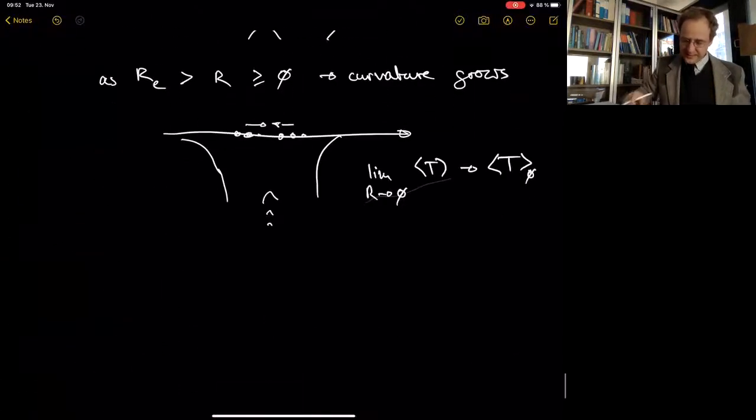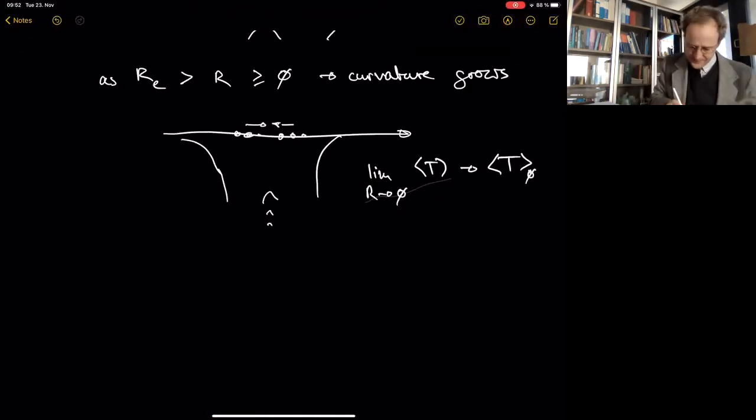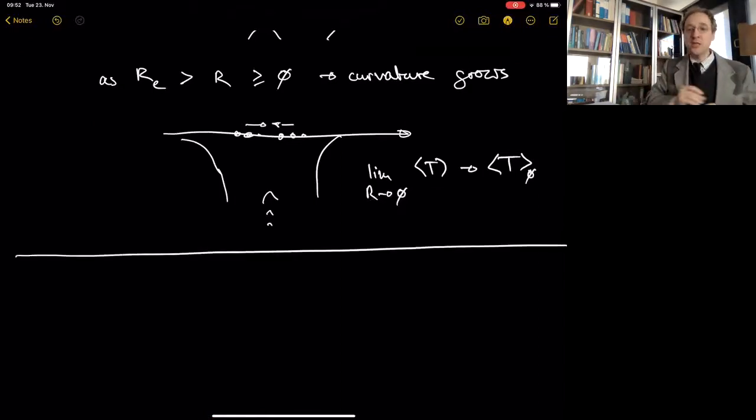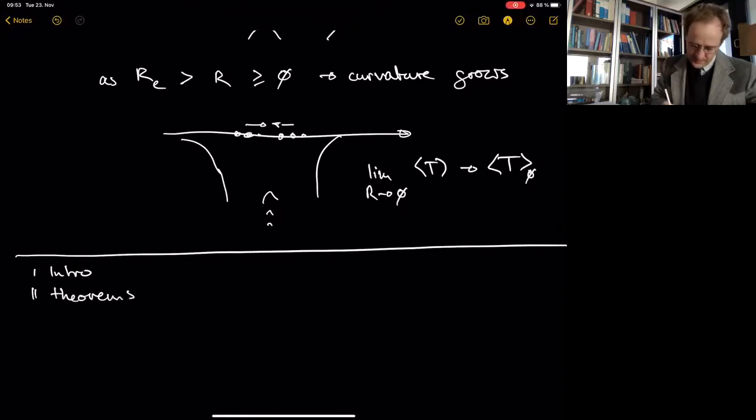So with this, I'd like to really switch gears now in this lecture series. We have discussed in the semester so far, after an introduction, the theorems and postulates, so the formalism of the whole thing.